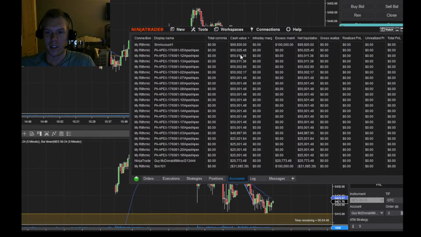You see most of them are just up like $1. That's just because we've been practicing this trade copier. Once we start trading with a full E-mini on each of these, then that'll start changing a lot.